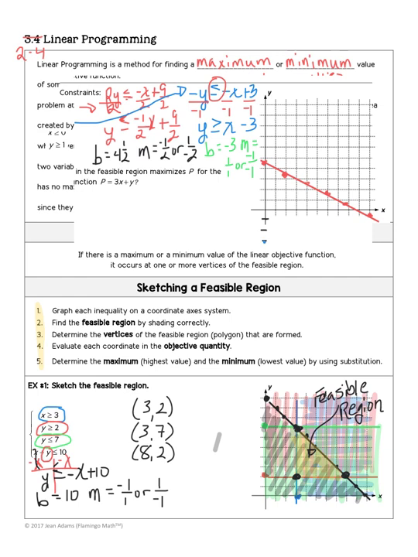So I'm going to start down here, and I'm going to go up 1, to the right 1, up 1, to the right 1, up 1, to the right, and then plot my line.